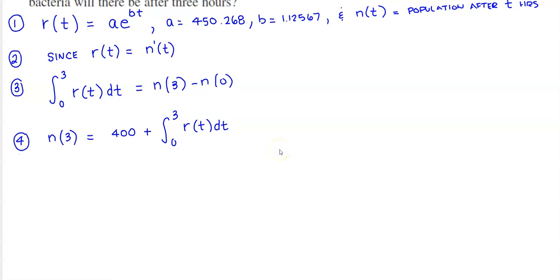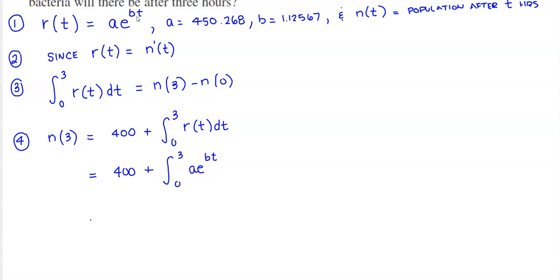So what does that equal? Now we have 400 plus, well, what did we say R of t dt is? Well, that is this function here, a e to the bt, so that's a times e to the exponent of b times t.